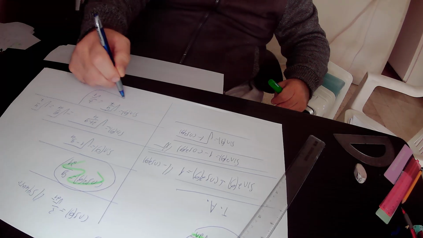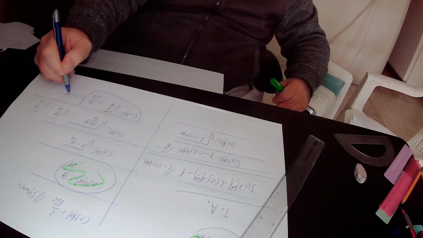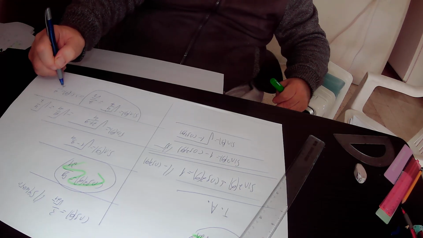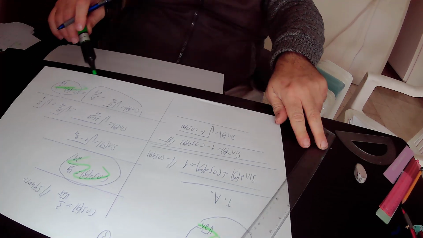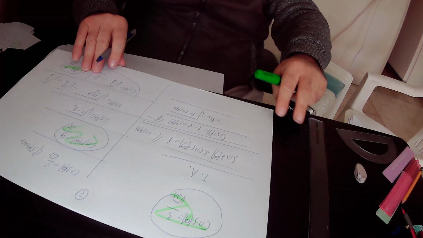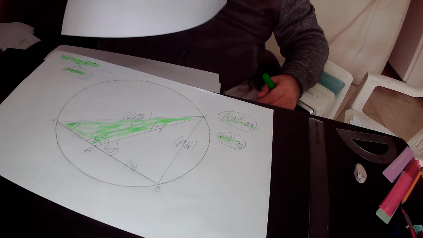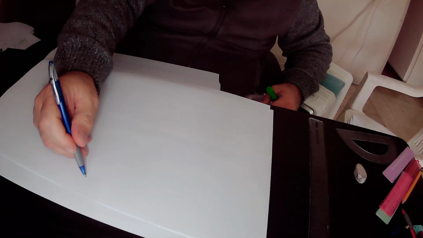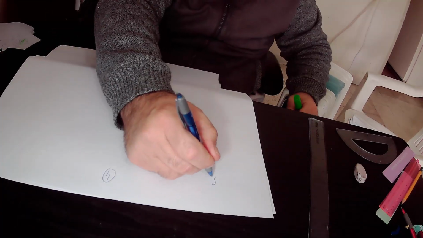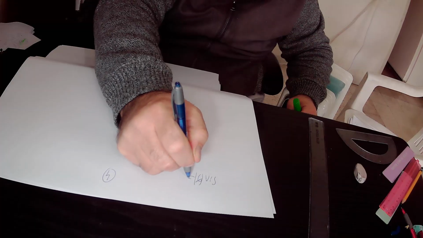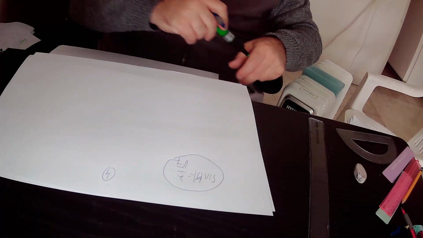So in total we found out that sine alpha equals 2 over square root of 7.